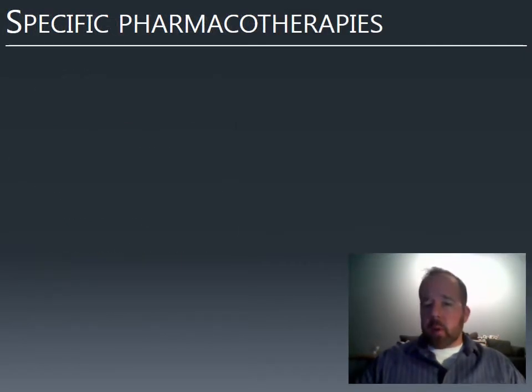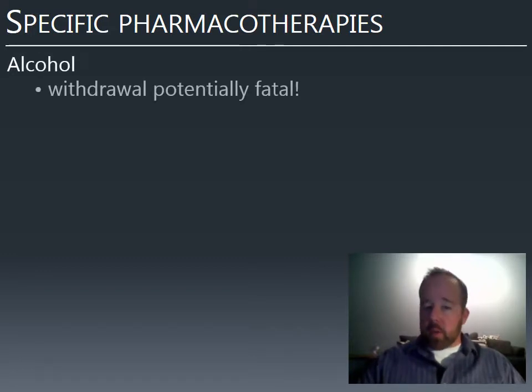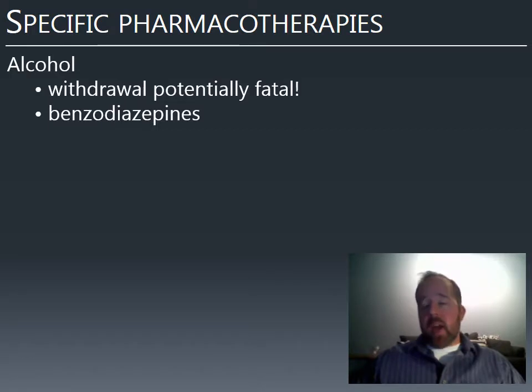So more specifically, we'll look at a few drugs, some of the most popular ones. So for alcohol abuse, withdrawal from alcohol, as we've already discussed, is dangerous. It's actually potentially fatal. Unlike opioids, where it's like having the flu for a few days, if you're a severe enough abuser of alcohol and just quit cold turkey, that can kill you. So benzodiazepines are typically used in this case.